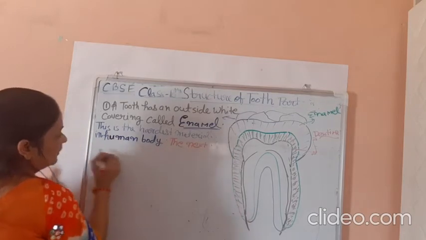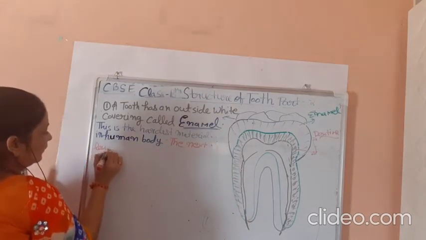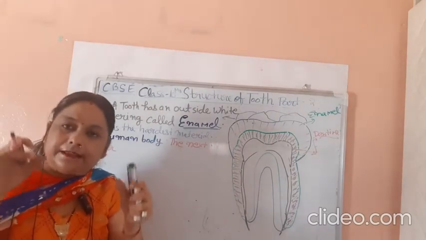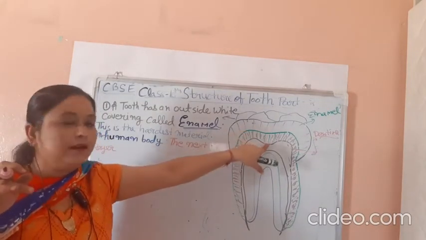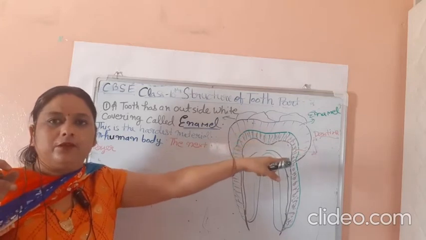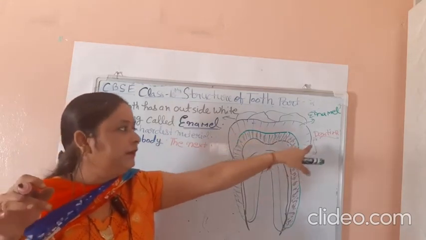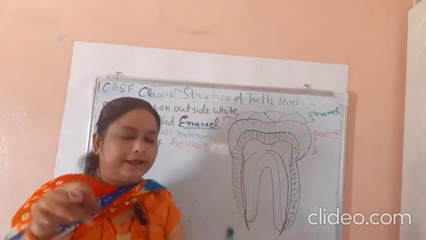The next layer inside the enamel, you can see on your diagram. This is the dentine inside the enamel.